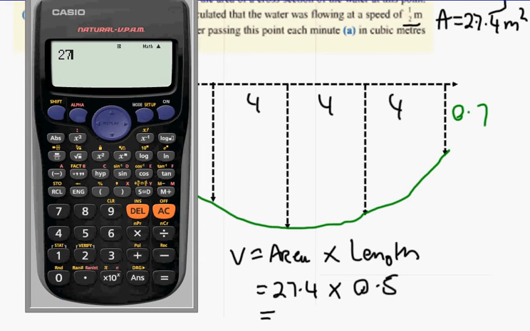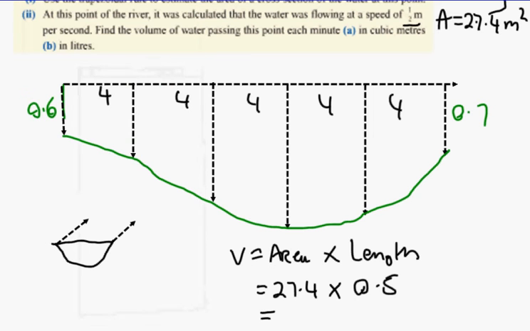27.4 multiplied by 0.5, and what we get there is 13.7. Is that meters squared or meters cubed for volume? Meters cubed. There's 13.7 meters cubed of water going through the river every second. The reason it's per second is I only used ½ meter.